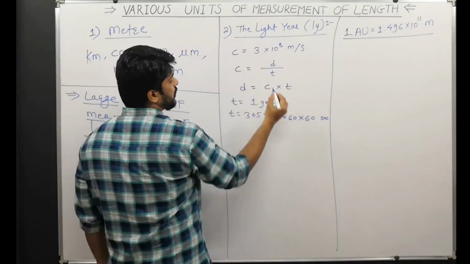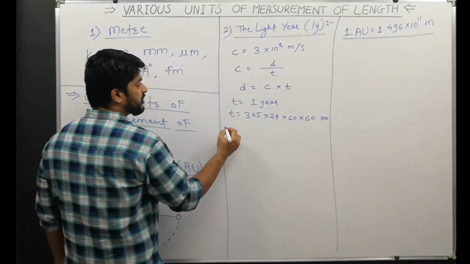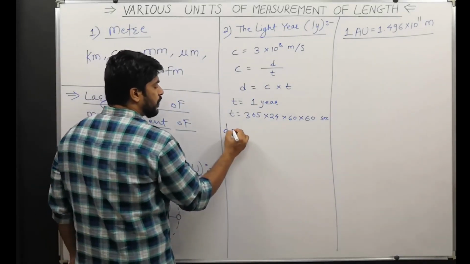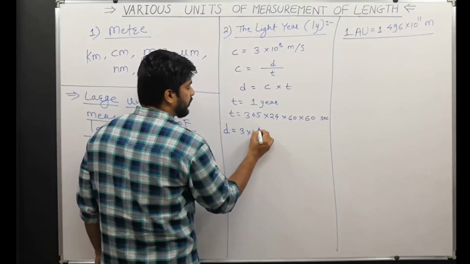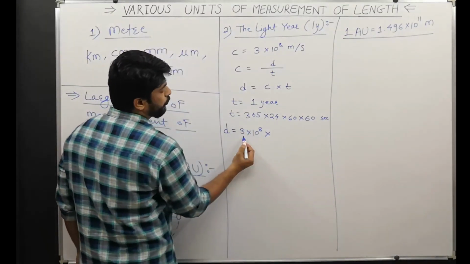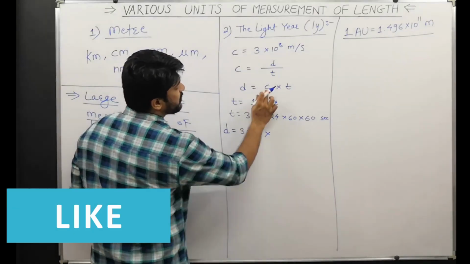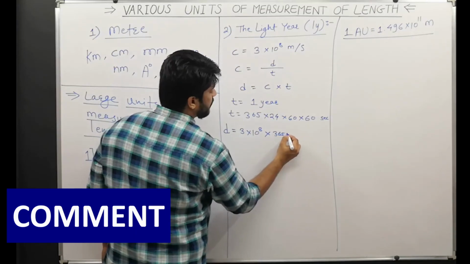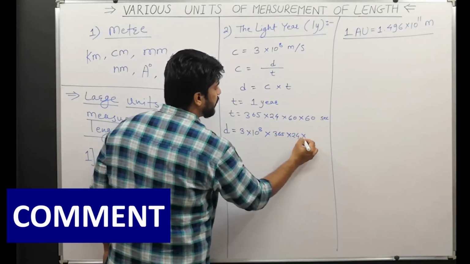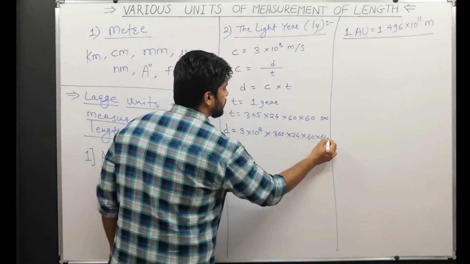See, we know c, we know this t. We can just put this and calculate the distance that light travels in 1 year. I have put the value of c first, into this t, which is 365 into 24 into 60 into 60.